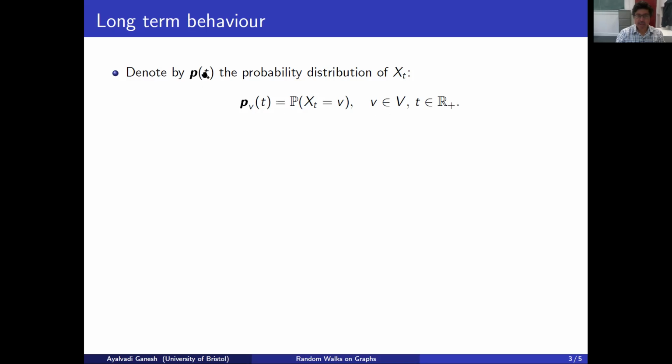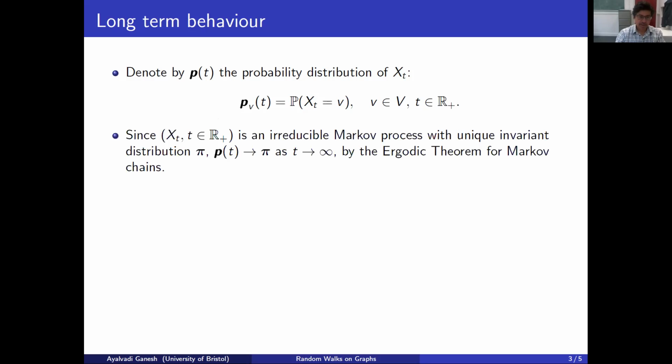I tell you what p at time 0 is, and at any later time, you have some other distribution. So the probability distribution evolves over time. And what happens in the long run? Do these distributions tend towards something as t gets large? And we know the answer to that. They tend towards the invariant distribution pi.